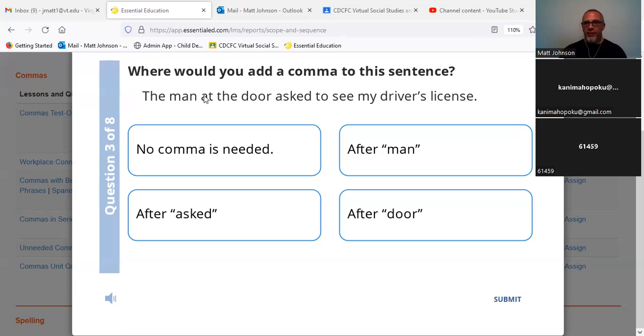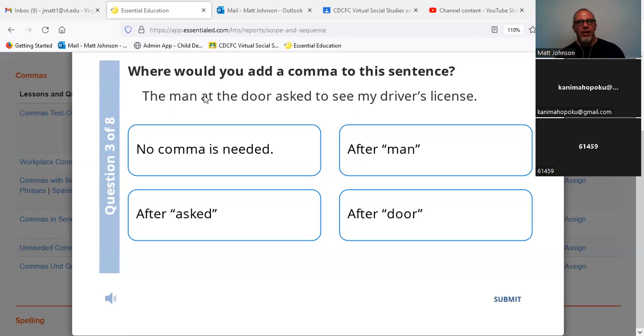Now we don't have an independent clause anywhere in that sentence. The man at the door asked, not a complete sentence. The man at the door, no, it still won't be complete. And then to see my driver's license, also not a complete sentence.